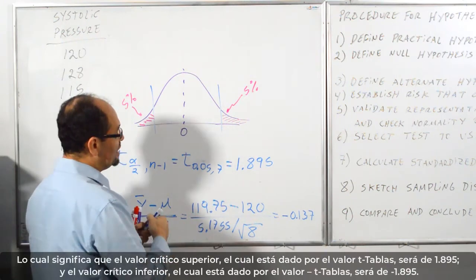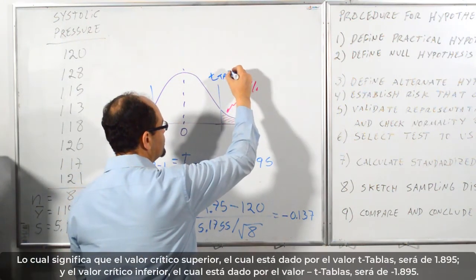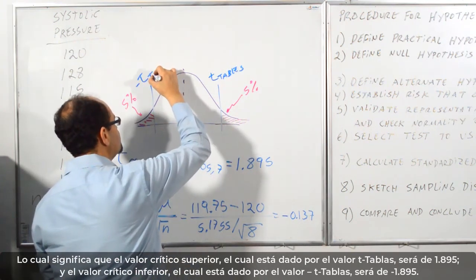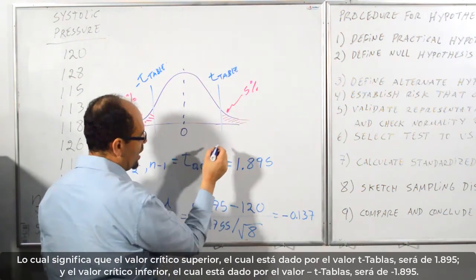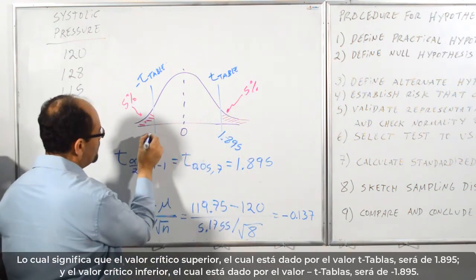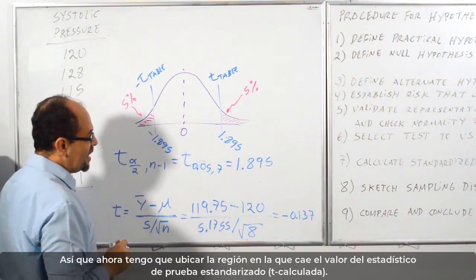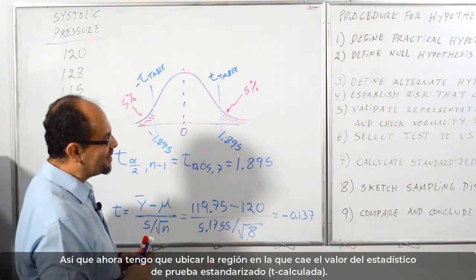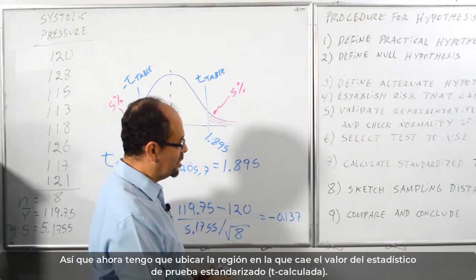That means that the value here is t of tables, 1.895, and here minus t of tables, minus 1.895.